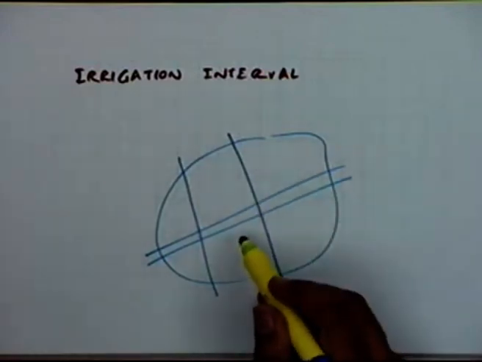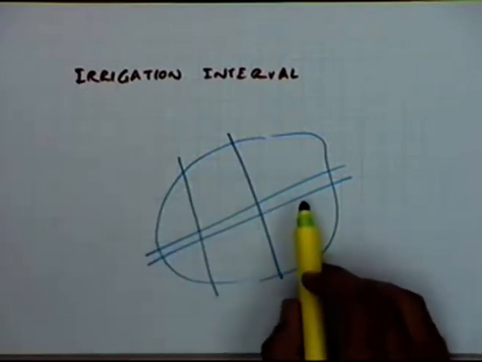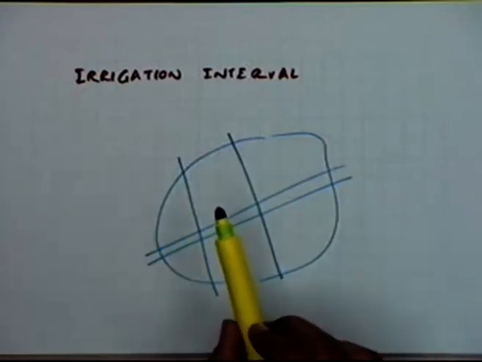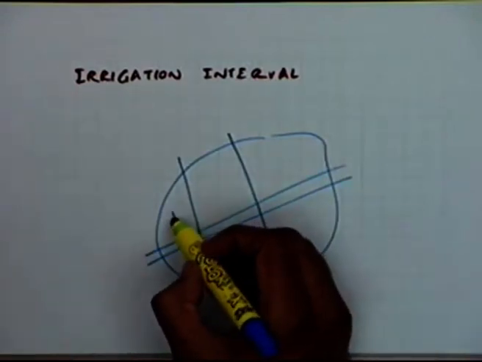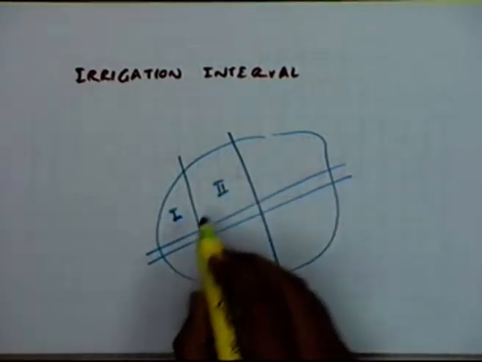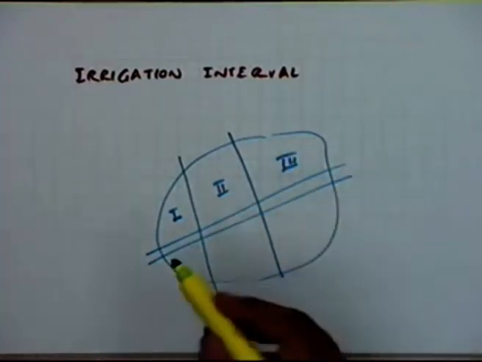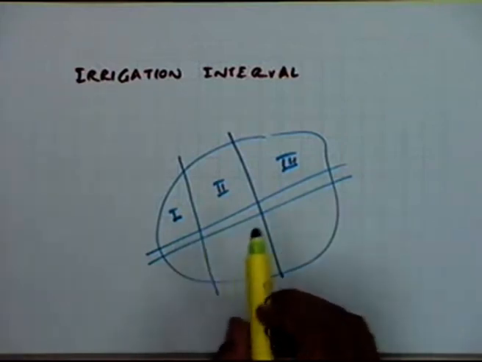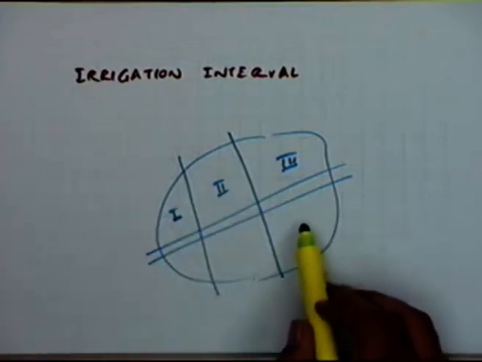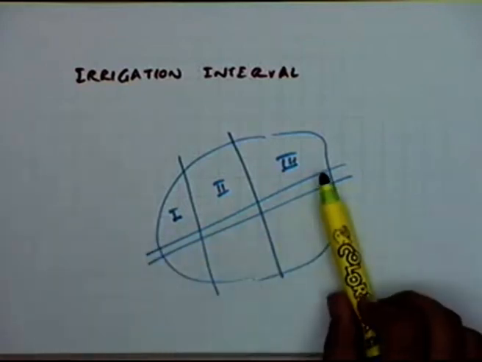From the irrigation interval point of view, if I have the total area divided into three compartments or three separate sub areas, first I irrigate this area, then at number 2 setting I irrigate this area, number 3 setting I irrigate this area. And then again I come back to the previous area. Now, how much time have I taken in irrigating each area, and how much time has lapsed in total between the first irrigation and the last irrigation?